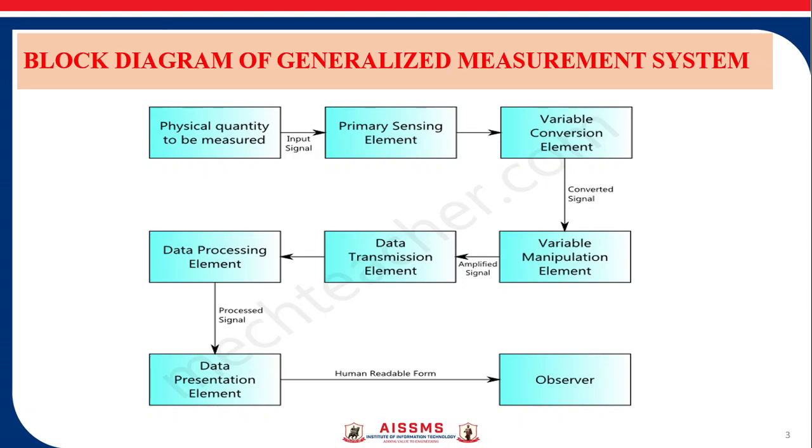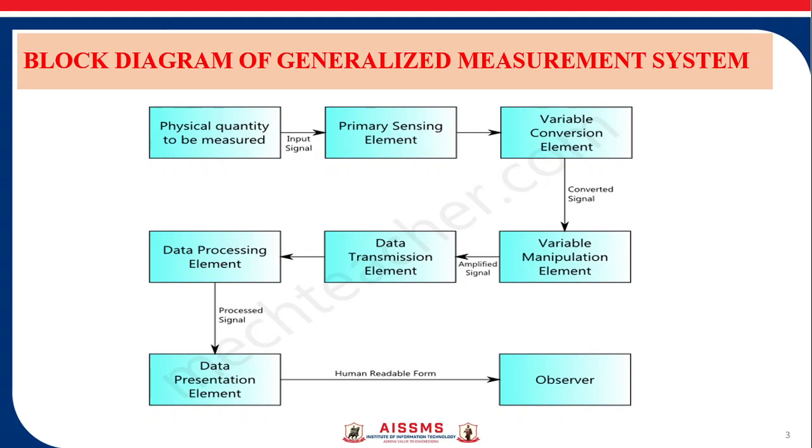Then we have primary sensing element, variable conversion element, then variable manipulation element, data transmission element, data processing element, data presentation element, and finally observer. All these blocks are sequentially connected, and that is why it is called a system, because it acts as an entire unit to perform a task of measurement.